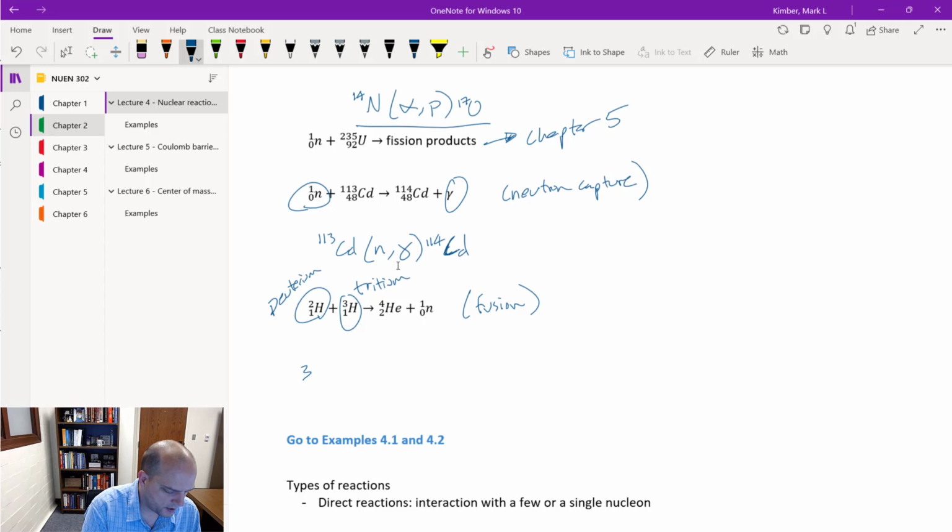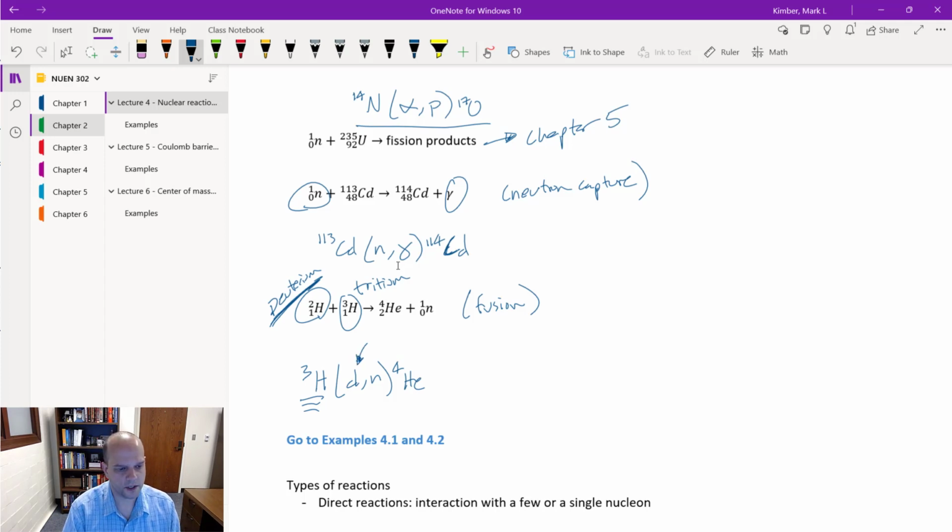This would be represented like the following. I've got hydrogen-3 on the reactant side as my, quote-unquote, heavy particle. It's heavier than the deuterium. But a lot of times you'll see deuterium represented as a lowercase d in that reaction expression. And then I've got a neutron on the other side plus a helium-4.